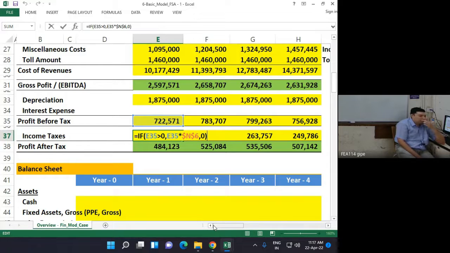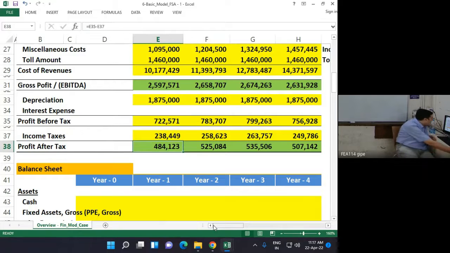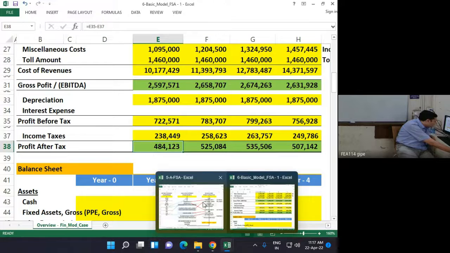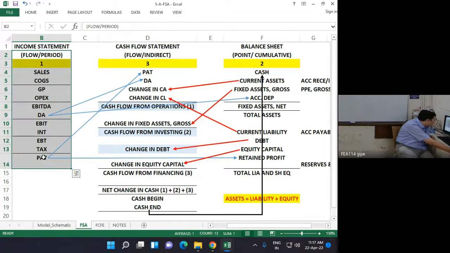Correct. 484 for year 1 and 5,07,000 for the last, without considering interest. So for the income statement, we are just done with the first part.